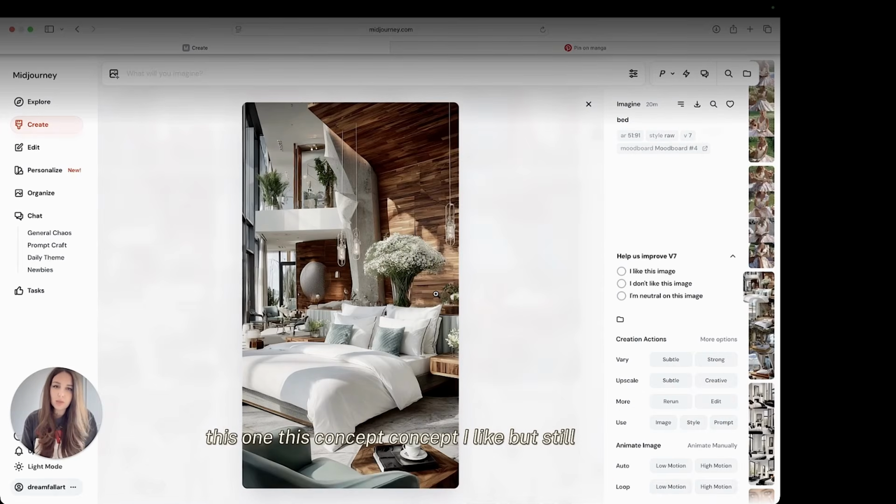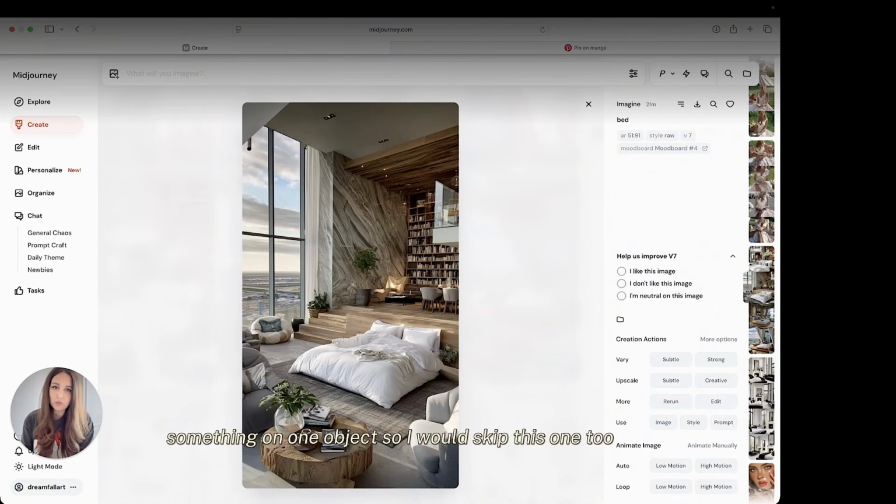This concept I like, but I would still think the angle and composition are not great here. Why? Because there are too many objects, and it's very hard for the eye to concentrate on one object. So I would skip this one too.